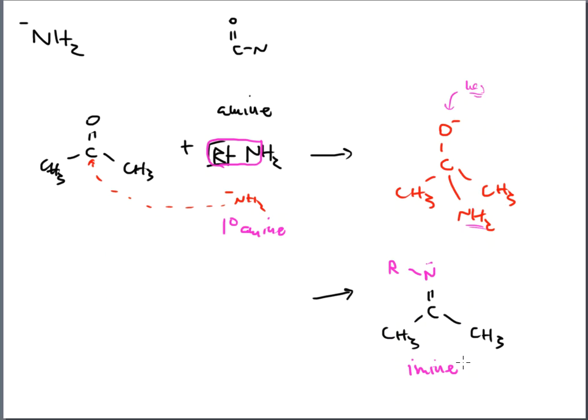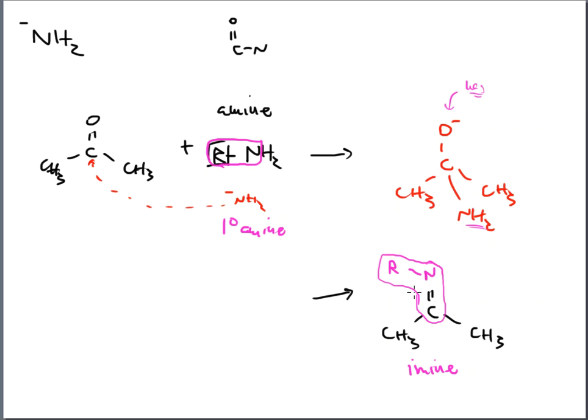That's an imine. So an imine is going to be formed as a product, and that is the functional group for this particular piece. A carbon double bond to a nitrogen with one other maybe carbon attachment to the nitrogen.